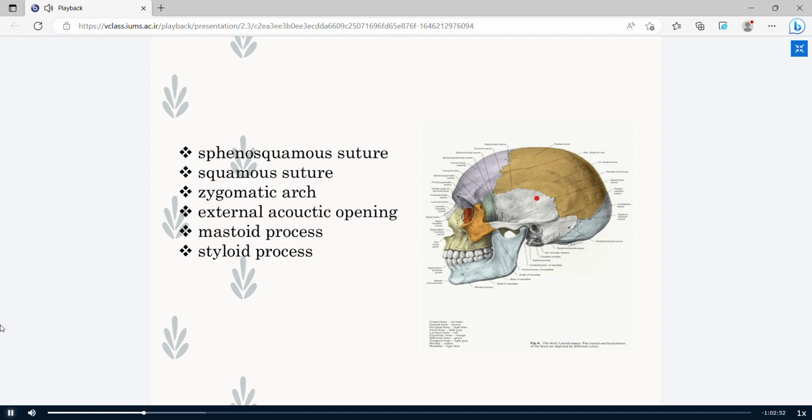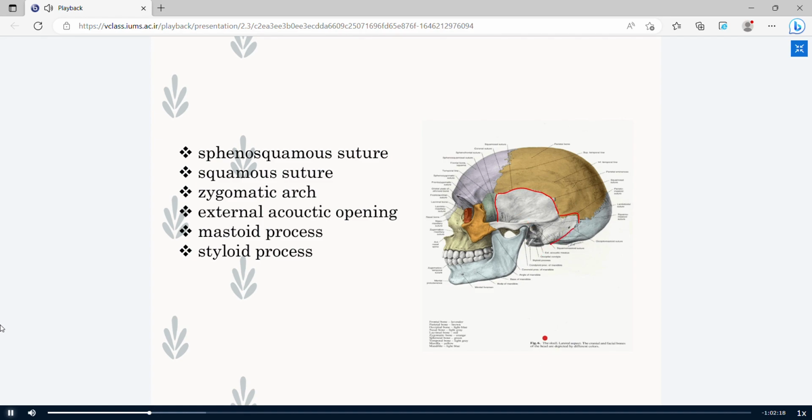Please look at the temporal bone, the white bone, and name this suture, please. Who is the volunteer for the name of this suture for other bones? The name of this suture, this one, and this one. It's very, very easy.